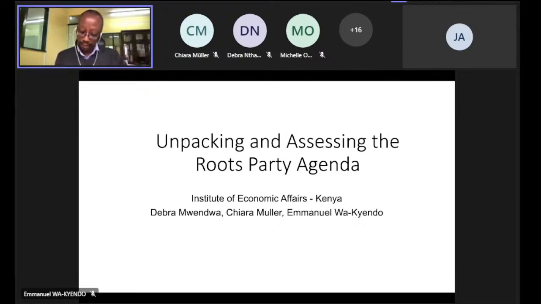And obviously, we did this a few days after the manifestos were launched by these respective coalitions and parties. Then on Tuesday of this week, we had a similar session where we took you through our analysis of the Agano Party manifesto. And so we are rounding this up with today's review of the Roots Party agenda manifesto.